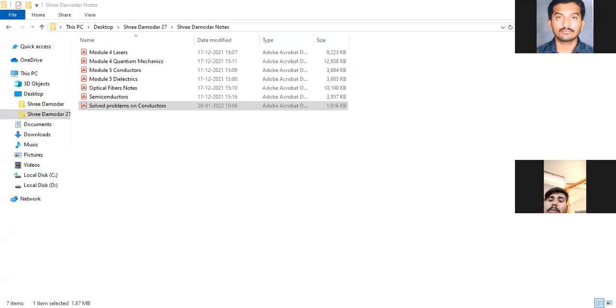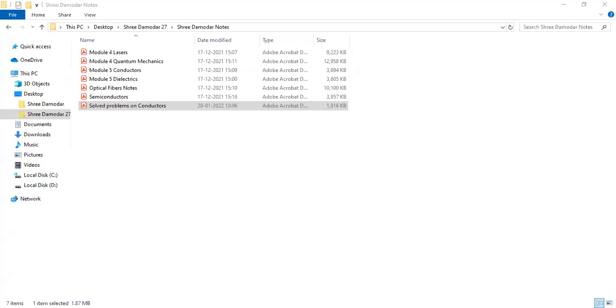Very simple thing, I'm just elaborating it. ln of f of E plus, what is ln of exponential power something? Simply the power of the exponential. ln and exponential cancel each other, and the power comes as the multiplier, E minus EF by KT. If you don't understand this step, please ask me. This is simple mathematics of logarithms. Now ln f of E plus (E minus EF) by KT will be equal to ln of 1 minus f of E.